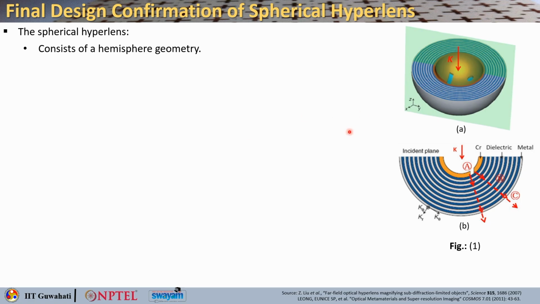So, the spherical hyperlens we have seen earlier as well in the previous lecture. This basically consists of a hemisphere geometry, and just to recap, this is composed in this particular application of alternating silver and Ti3O5, that is titanium oxide layers.